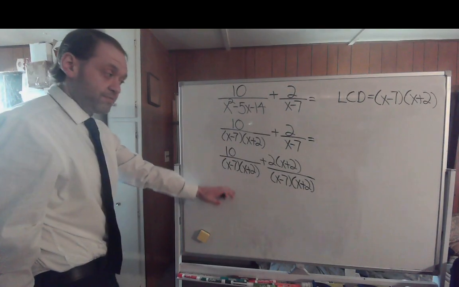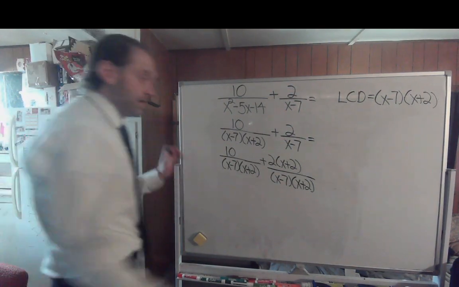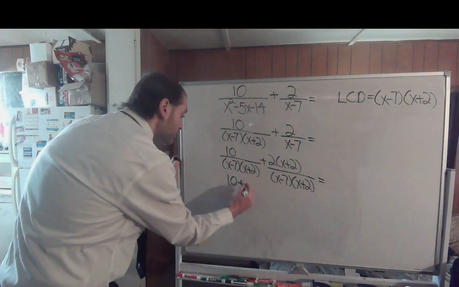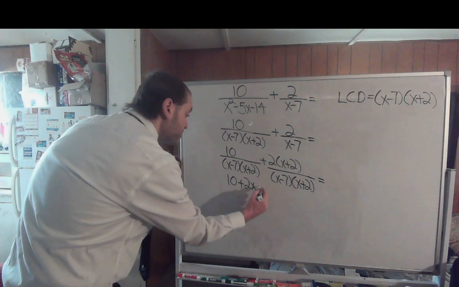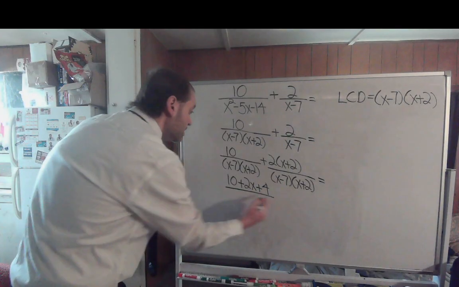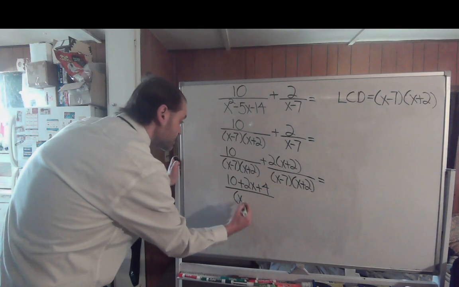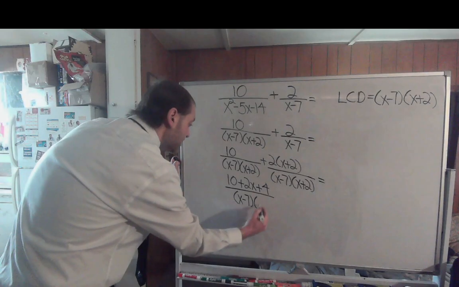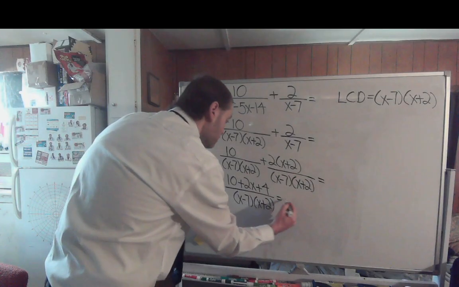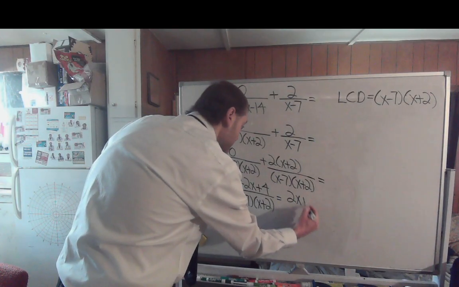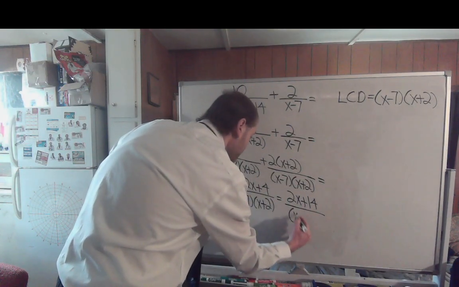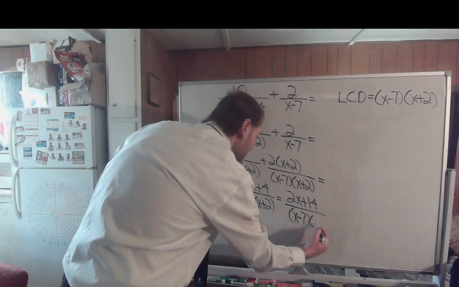Alright, now we both have the same denominator, we can add these. So this will turn into 10 plus 2x plus 4 all over x minus 7 times x plus 2, which would give you 2x plus 14 over x minus 7 times x plus 2.